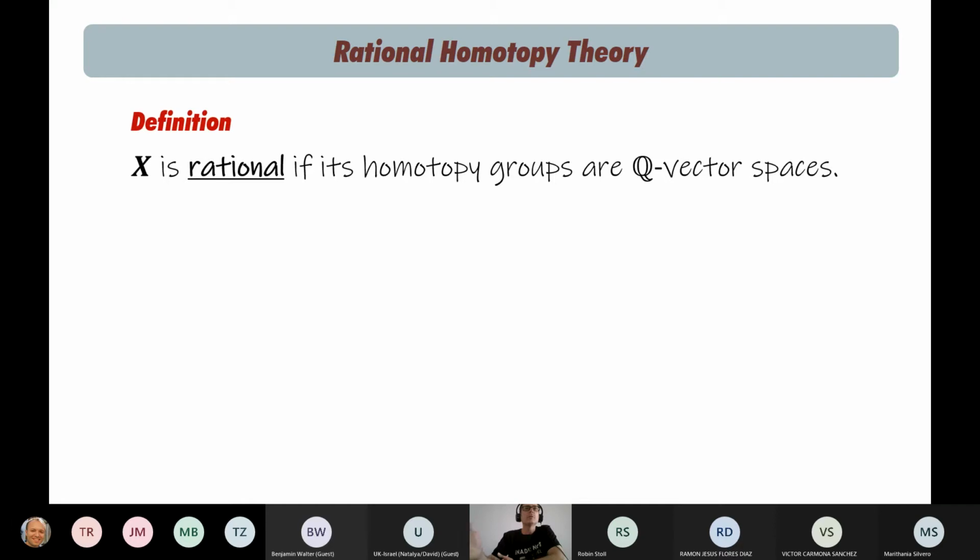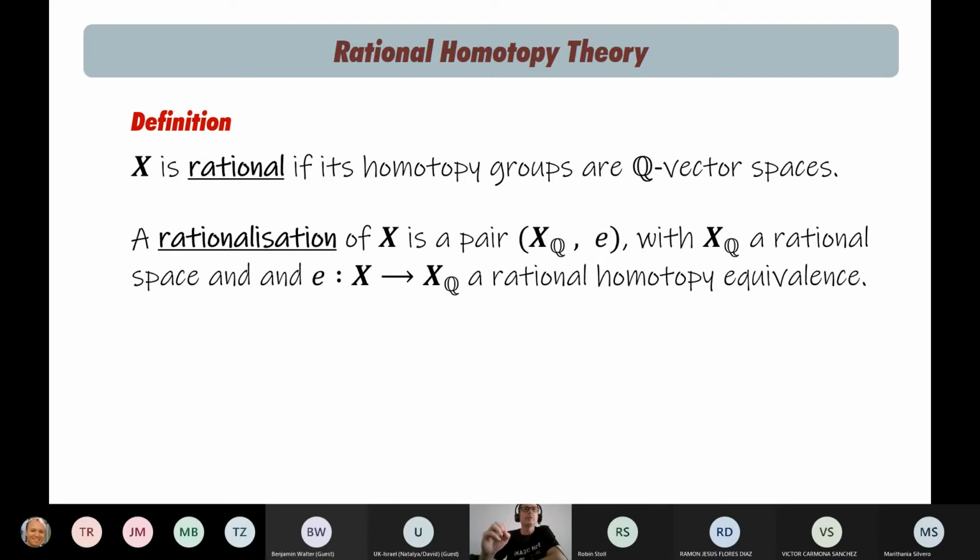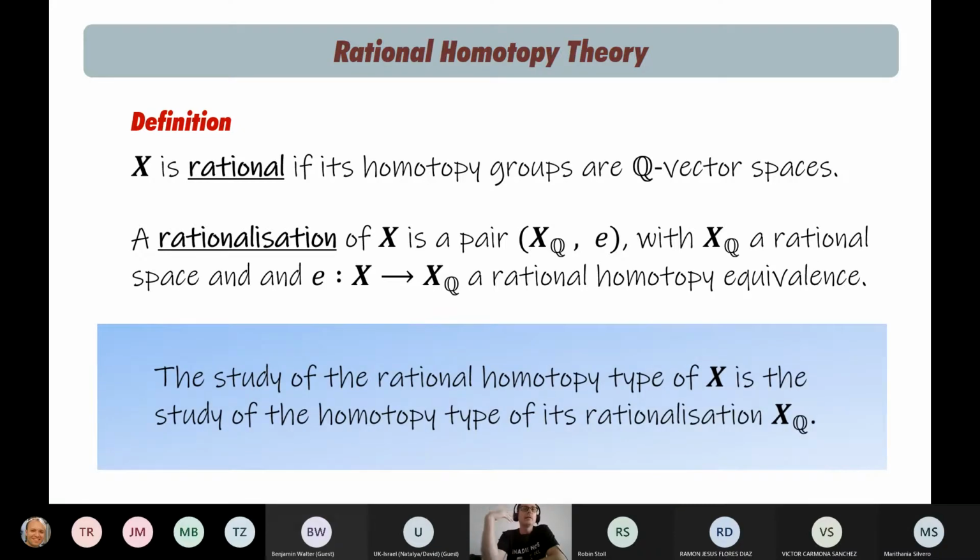A space is called rational if its homotopy groups are rational vector spaces. And a rationalization of a space is a pair of a rational space and a map from the space to the rational space, which is a rational homotopy equivalence. So the study of the rational homotopy of a space X is just the study of the classical homotopy type of its rationalization.